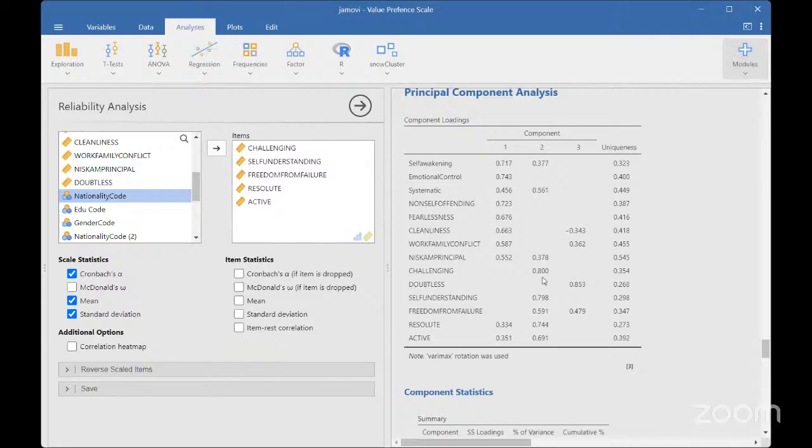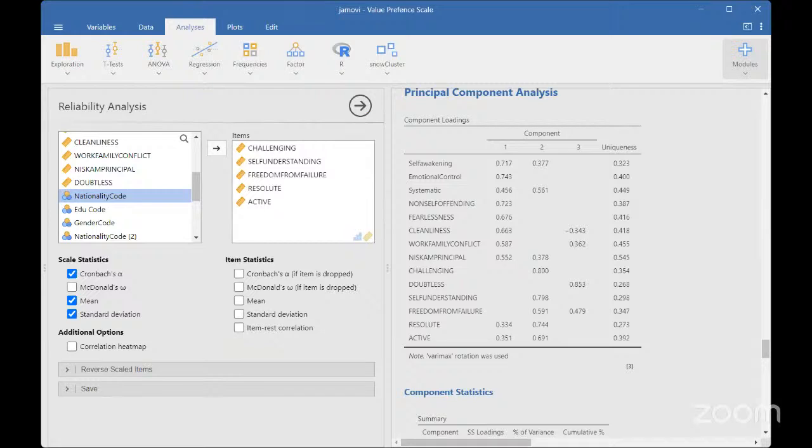So what is important for the classification purpose, we have to multiply this factor loading with the original score. Okay. So then you can get the three component scores for each individual. So that is the factor score. And after that, you can do the cluster analysis.